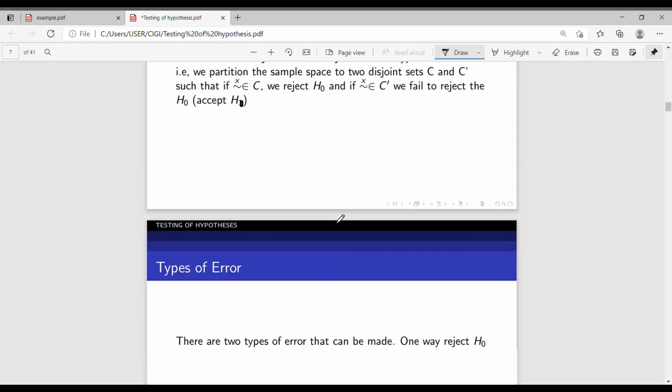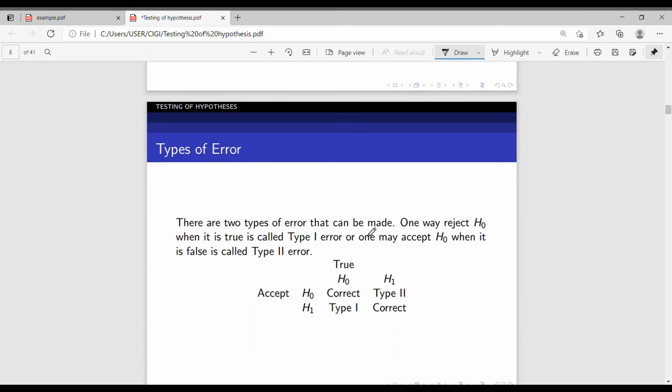There are two types of errors that can be made. One is rejecting the null hypothesis when it is true, which is known as type 1 error, and is the major error. Or one may accept the null hypothesis when it is false, and that is called type 2 error. When H0 is true and we are accepting H0, it is a correct decision.